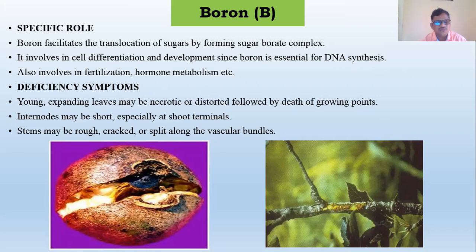The first one: young expanding leaves may be necrotic or distorted, followed by death of growing points. As we discussed in the first lecture itself, the deficiency symptoms of boron appear first in the tip region.